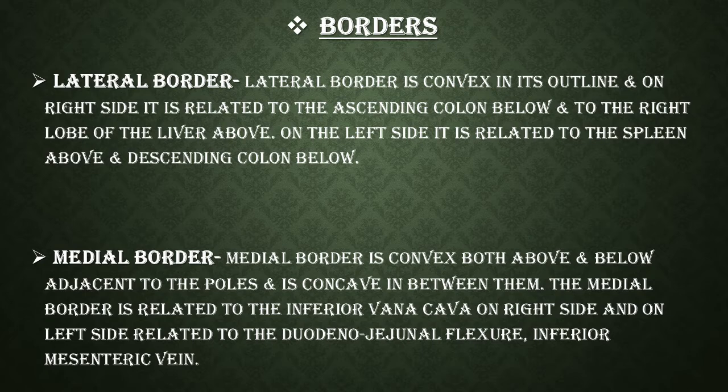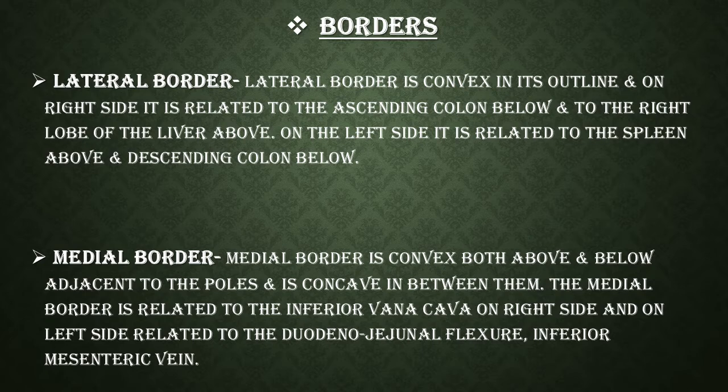On the left side it is related to the spleen above, from which it is separated by the peritoneum of the greater sac, and to the descending colon below. The lateral border lies at a distance of about 11 cm from the lumbar spines.